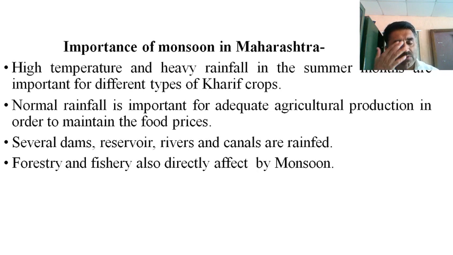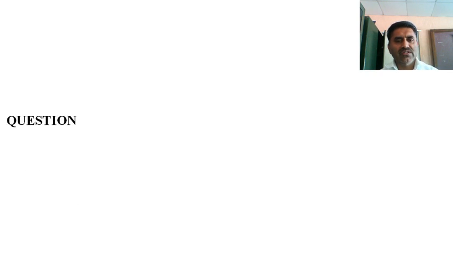Fishery also requires rainfall, because everywhere there is a demand for fishes, and these fishes have their life only in the water, and that's why if the monsoon is delayed, or if the monsoon is uncertain, or very short in period, then it directly affects them.